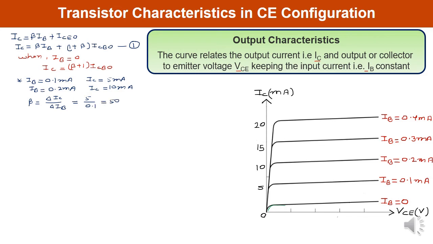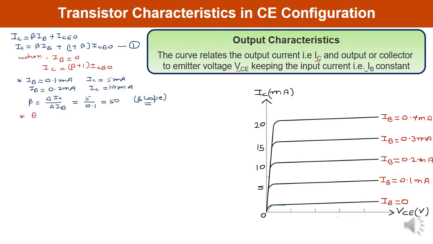It means there is a slope. This characteristic of IB and IC is not on a similar line. And vice versa, you can take a value of beta and accordingly calculate the value of IC on the basis of the given value of IB. And IC also depends on VCE due to the early effect.